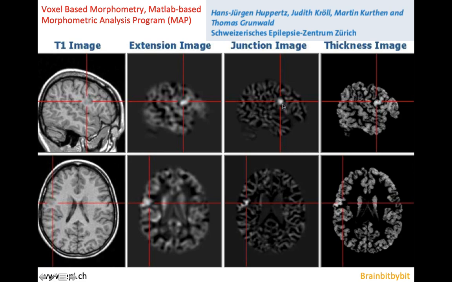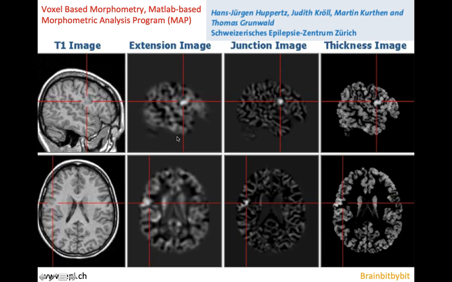So on the junction image you can see if the gray-white matter boundary is blurry. On the thickness image you can see if the thickness of the cortex is aberrant, and on the extension image there's abnormal extension of gray matter into the white matter.